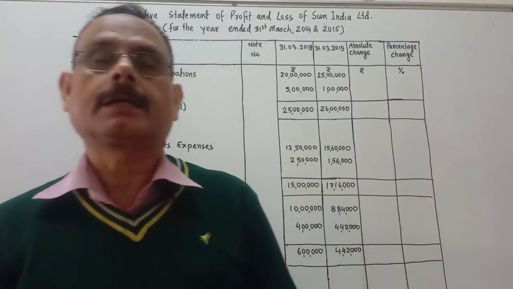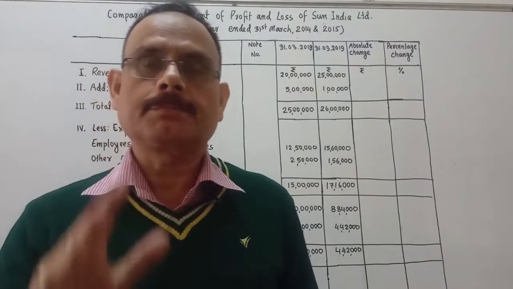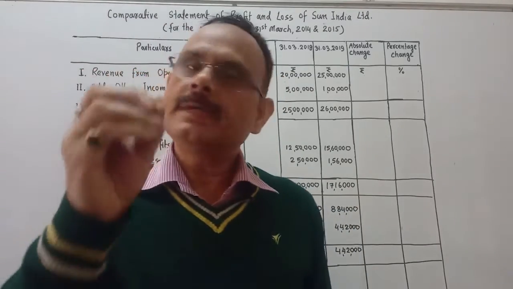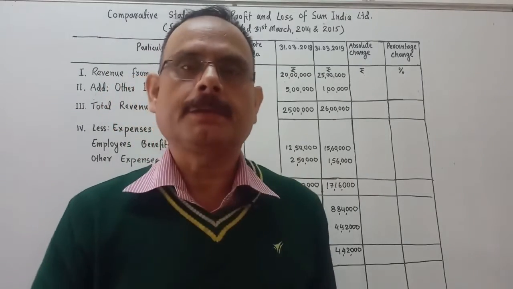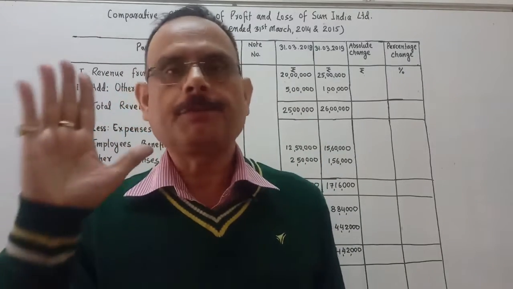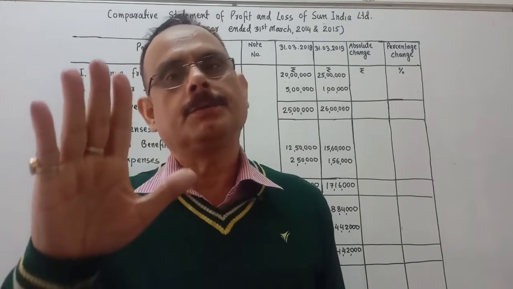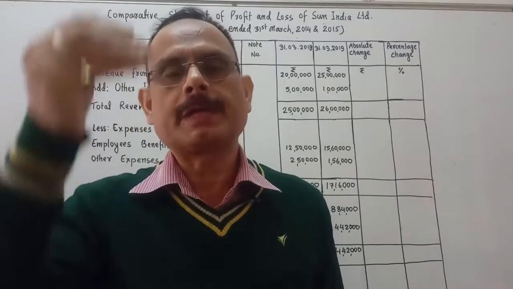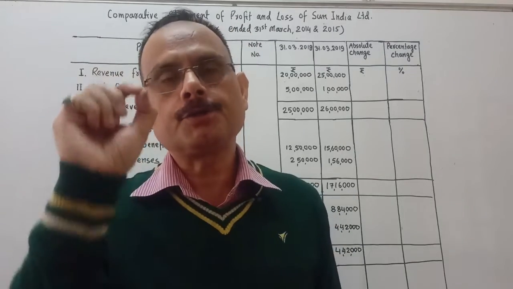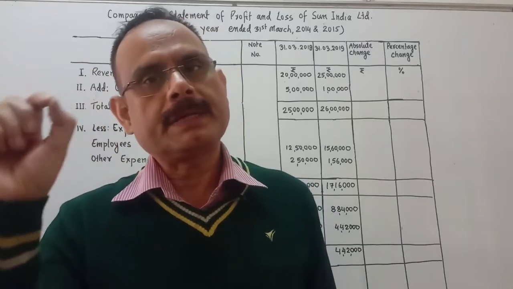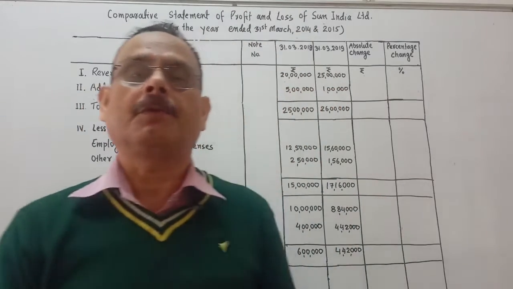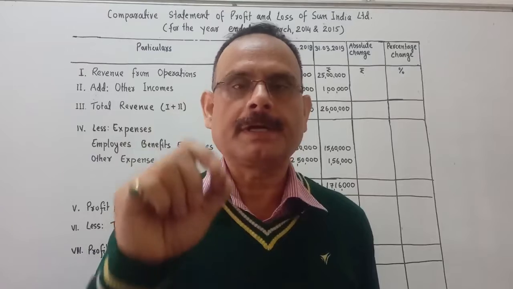Now we will see the comparative income statement, that is, the comparative statement of profit and loss. We'll do the same things that we have done in the comparative balance sheet. The format will be the same. Here we will write the details as per Schedule 3 Part 2 of the Companies Act 2013, in the prescribed format of the statement of profit and loss.